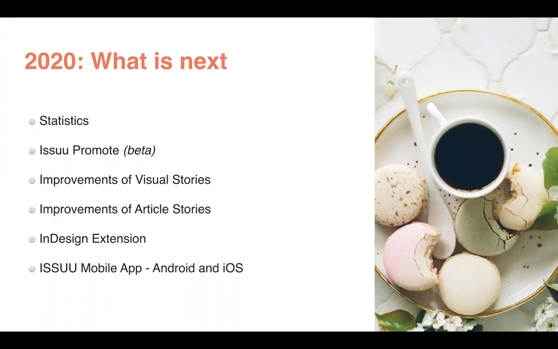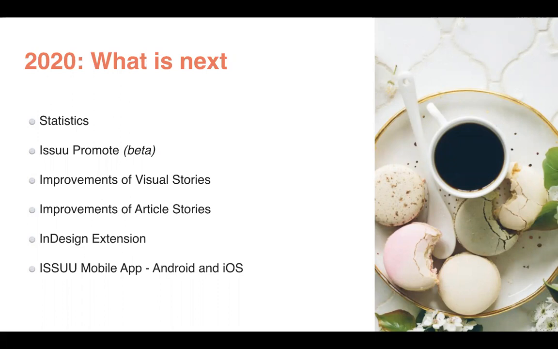So we will be revamping our statistics, and I can reveal that part of it will be statistics of the stories performance. Another thing that we are working on is Issuu Promote. As I already mentioned, this feature is currently in beta. So we have a handful of publishers testing it out with great success, and you are very welcome to join us.